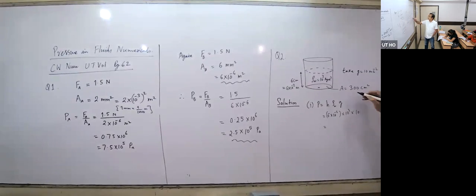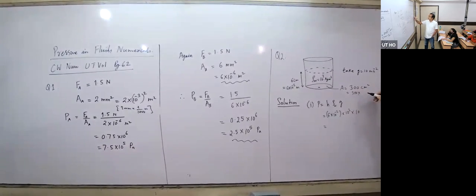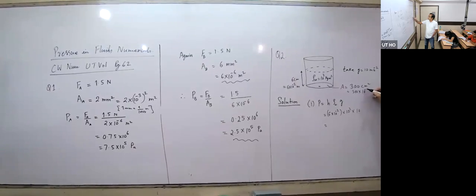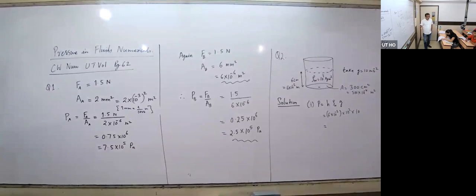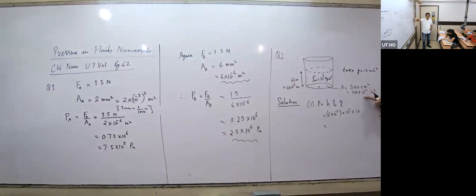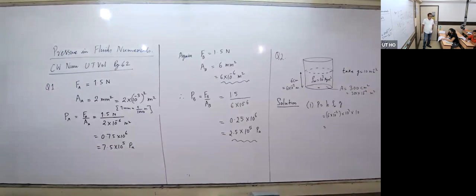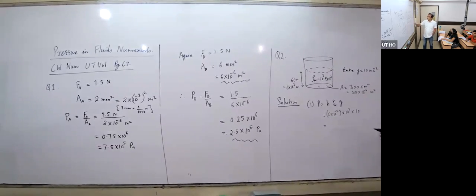The area will be 300 into 10 raised to minus 4 meters square. Centimeter to meter: 1 centimeter is 10 raised to minus 2, and it is squared, so 10 raised to minus 4. So I've written everything in SI. So what is this now?